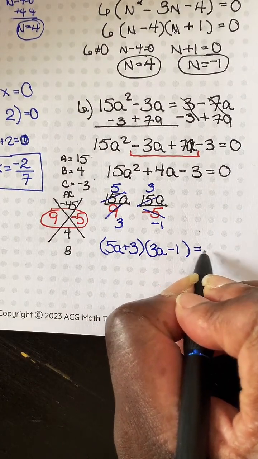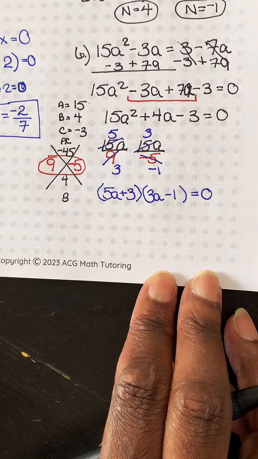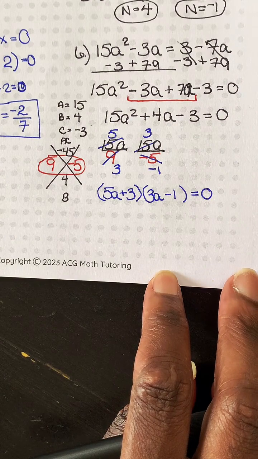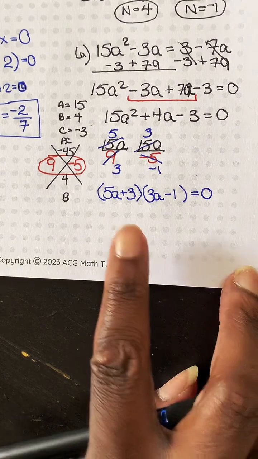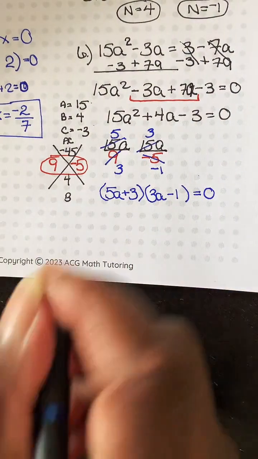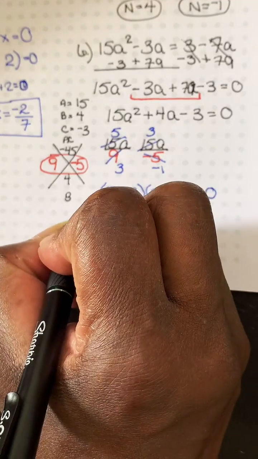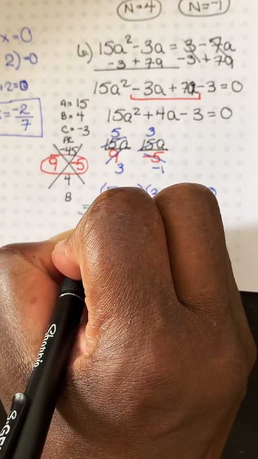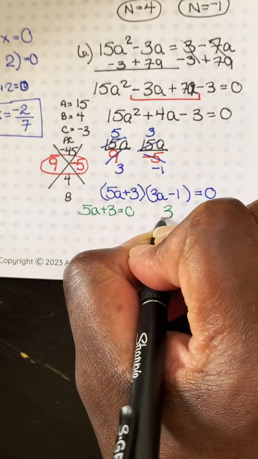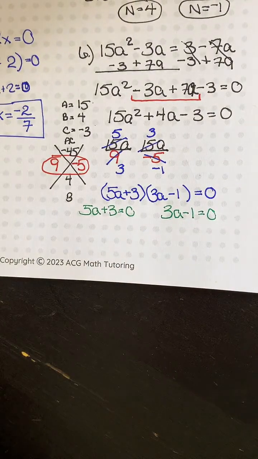And it still is going to be set equal to 0. So for those who said that it couldn't be broken down, we were able to break it down. So now all you have to do is set each of your ratios equal to 0. So you have your 5a plus 3 is equal to 0. And you have your 3a minus 1 is equal to 0.